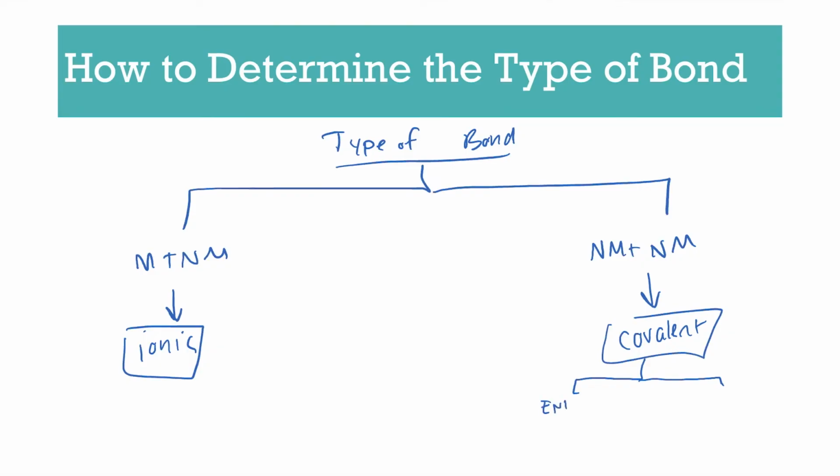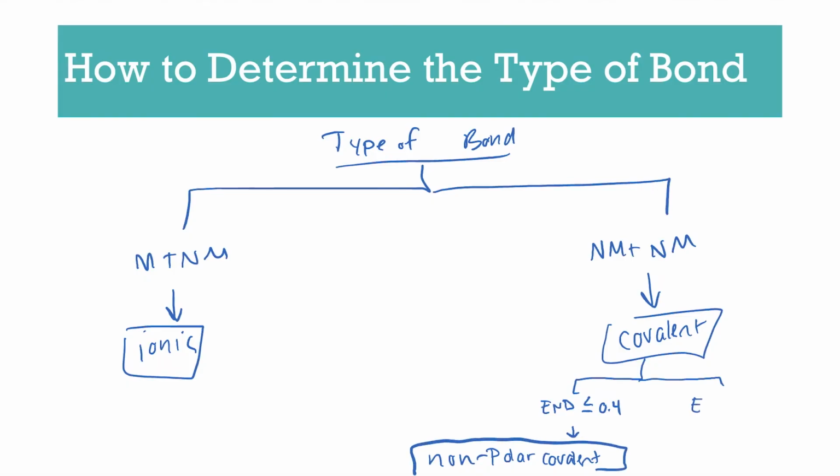So if the electronegativity difference is smaller or less than or equal to 0.4, that is your nonpolar covalent, sorry. So 0.4 or smaller, you're nonpolar covalent.